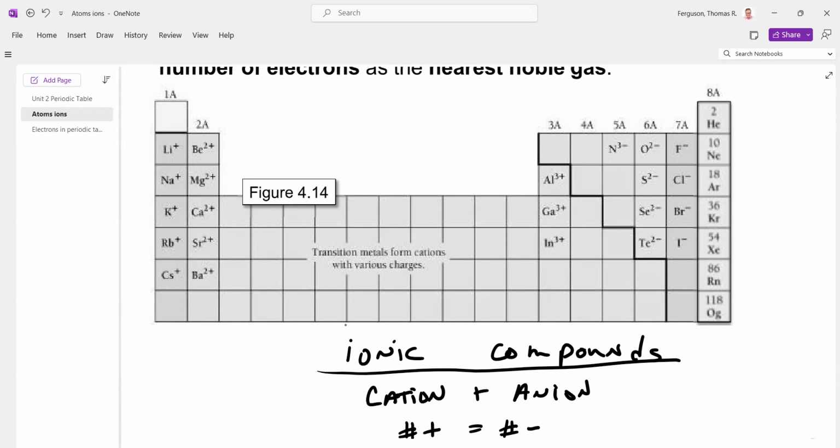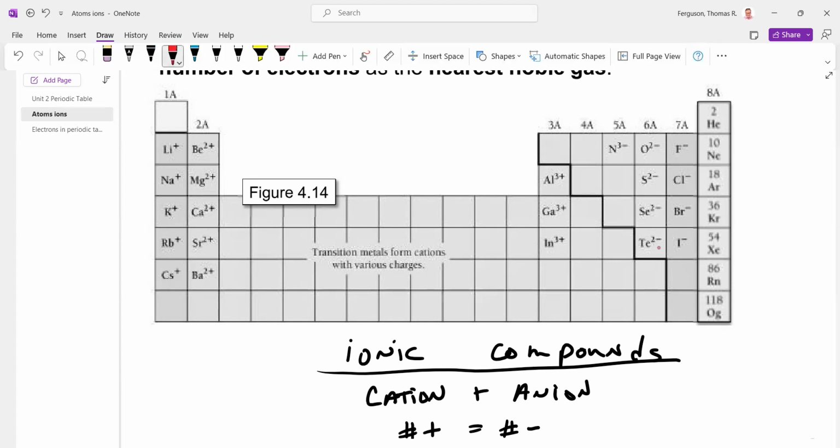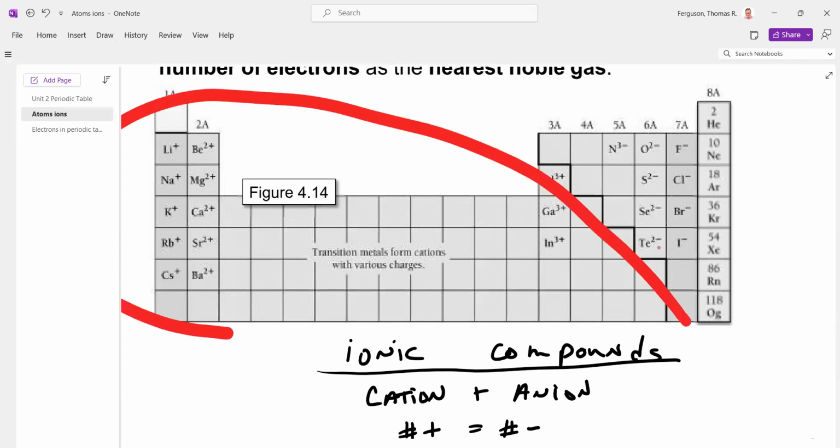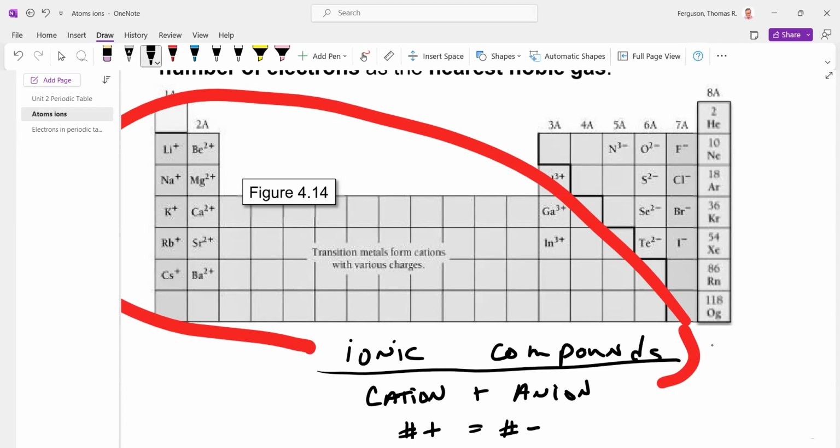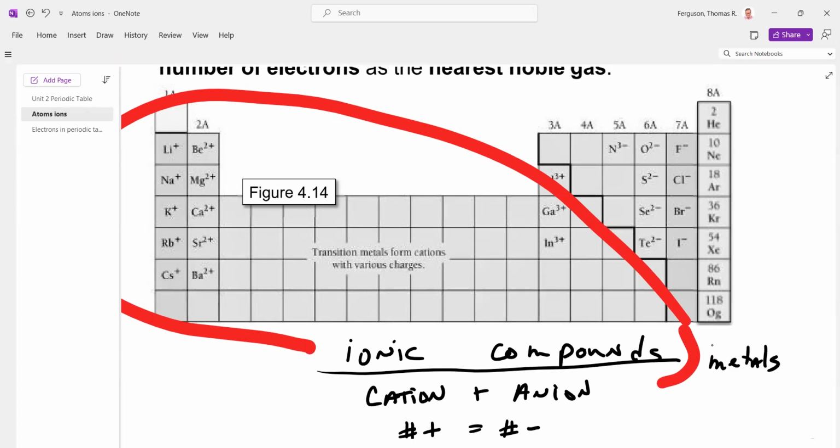Okay, what's the formula for table salt? Sodium chloride. Okay, and remembering from the periodic table organization, those are the metals.